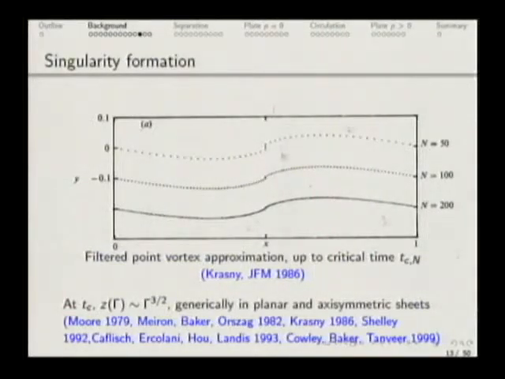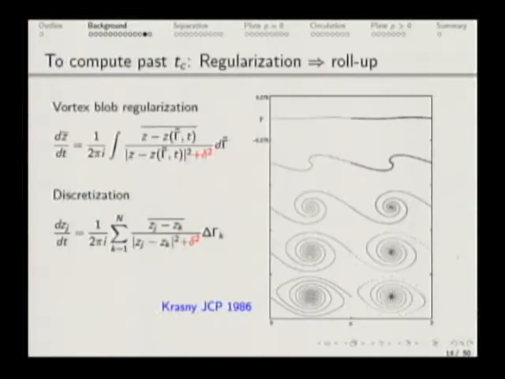So before the singularity forms, you know that the point vortex method converges, and you know how to compute it using the filter. But afterwards, the point vortex approximation does not converge, and the approach taken is to regularize it somehow. And over here, I've regularized the motion by introducing a small parameter, delta squared, in the denominator. And this function is now integrable.